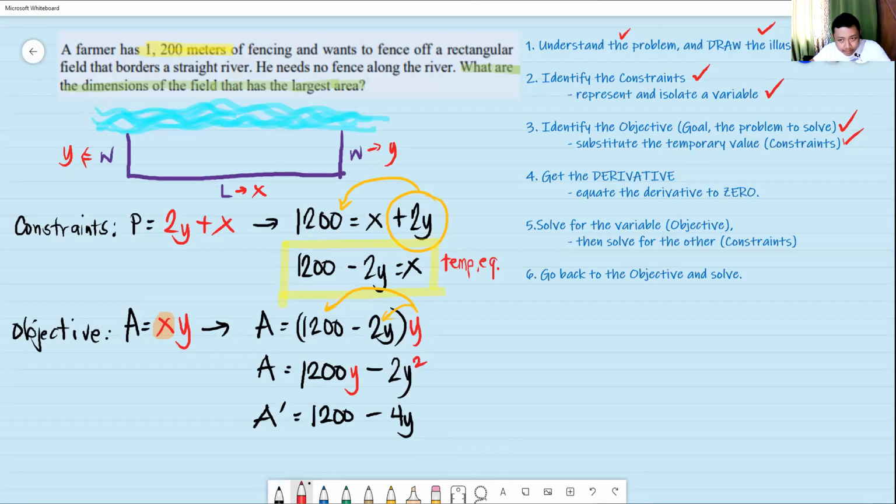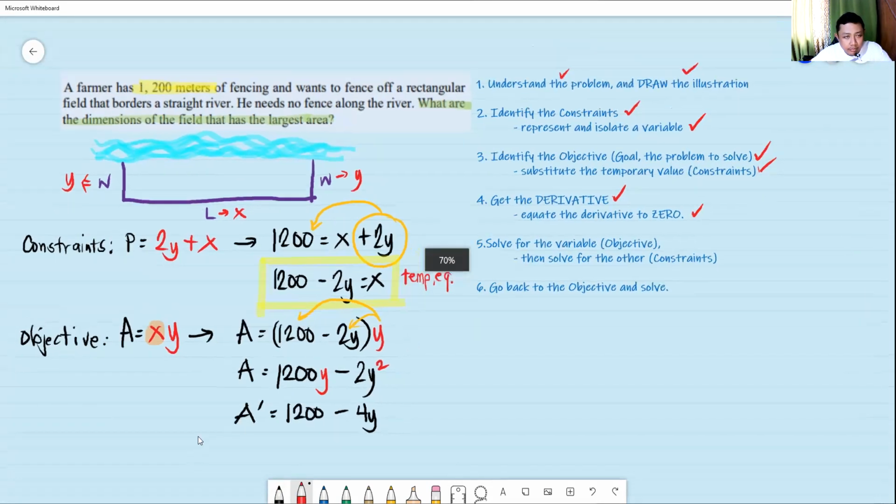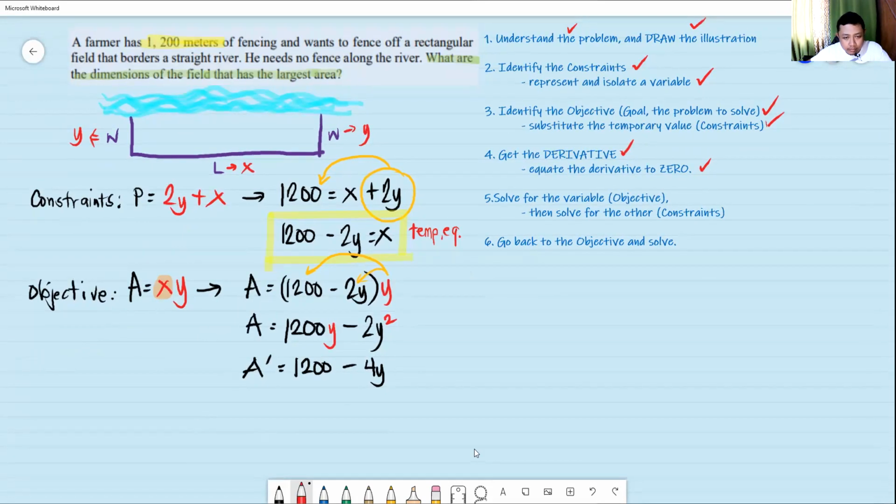Next step is equate the derivative to 0. So it will become 0 is equal to 1,200 minus 4y. We're near the end. Now solve for the variable.